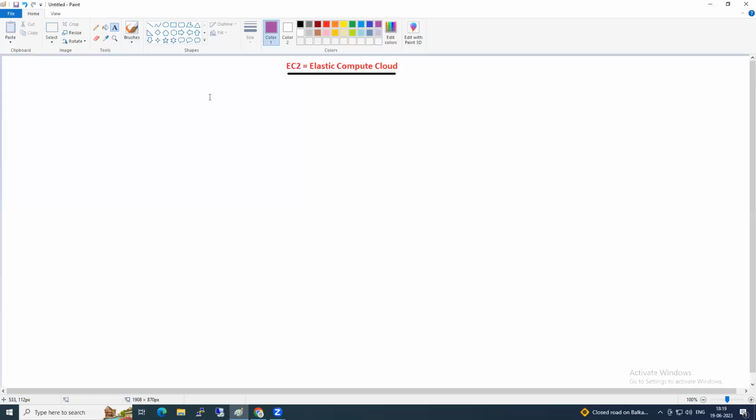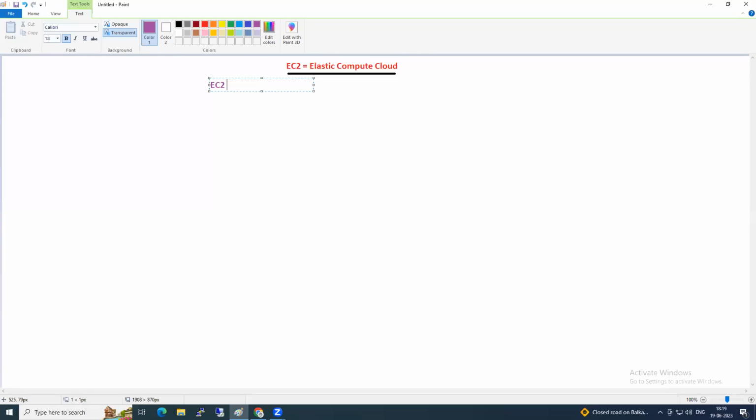So EC2 is a web service from AWS that provides resizable compute services from servers in the cloud.